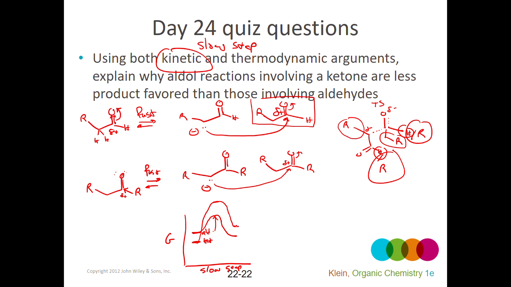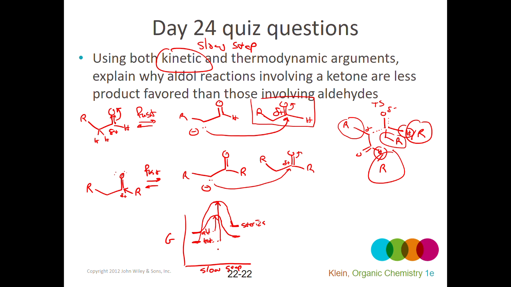And there's also steric hindrance in the product. So when I have a ketone reacting, it's slower kinetically because the activation energy barrier is higher and most of the collisions won't have the energy to get over there.